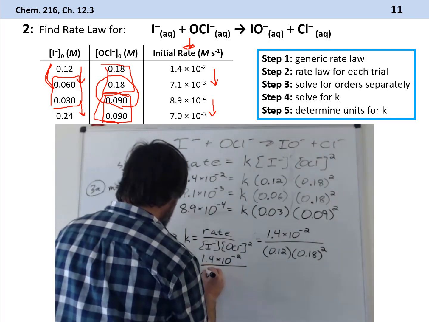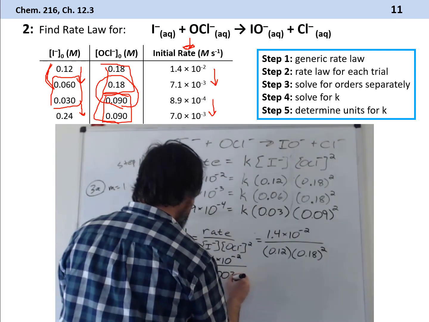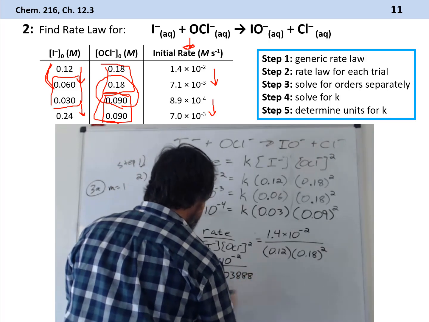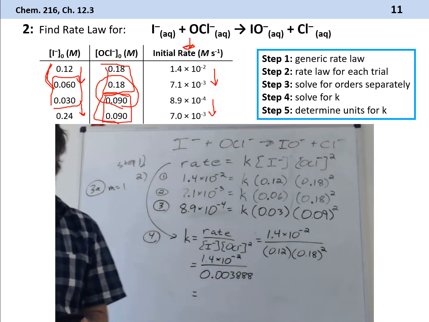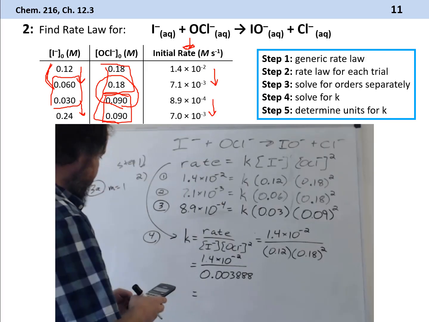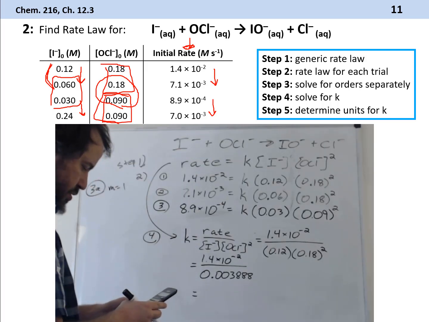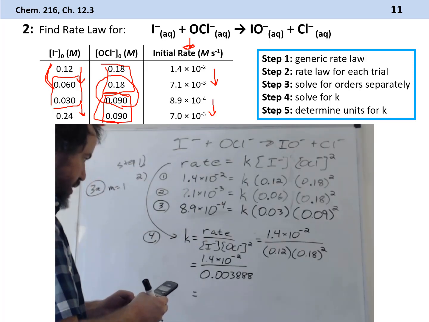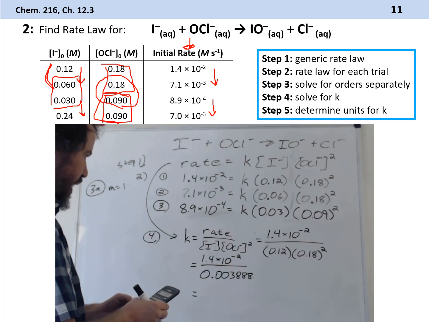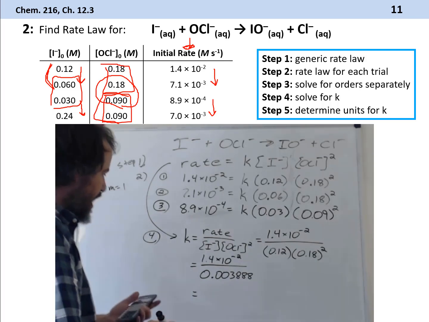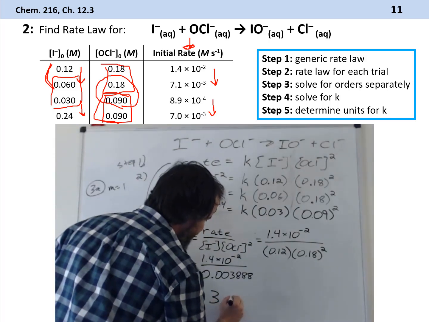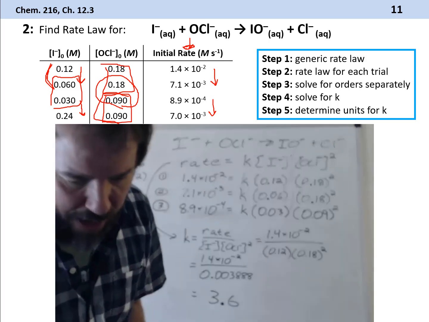Don't just plug all this into the calculator in one go. Make sure you take each step and you're not messing it up as you go. So I'm going to take that, divide by 0.003888, and I get 3.6 for my value. Okay.